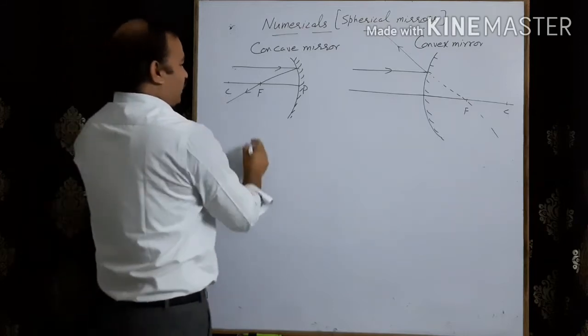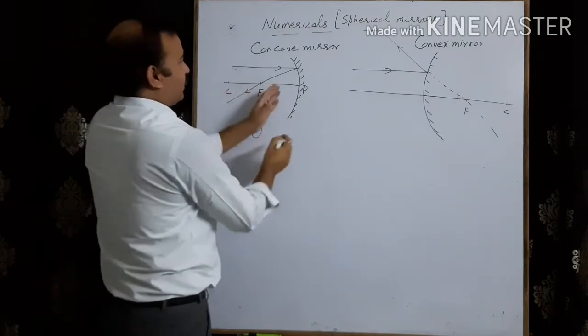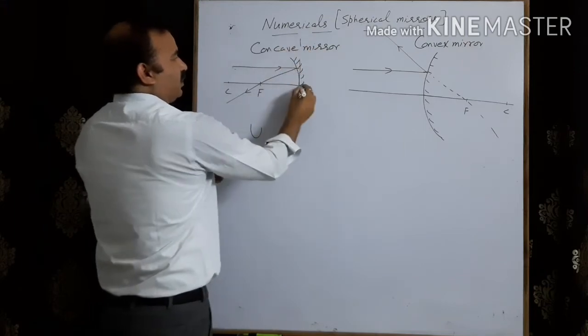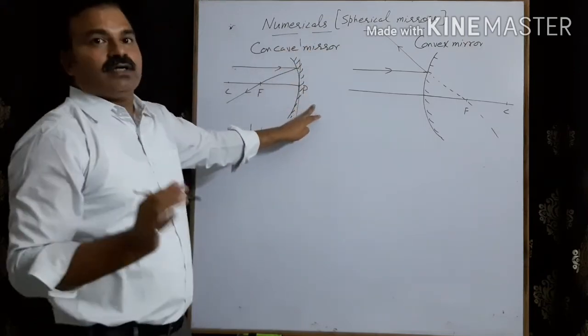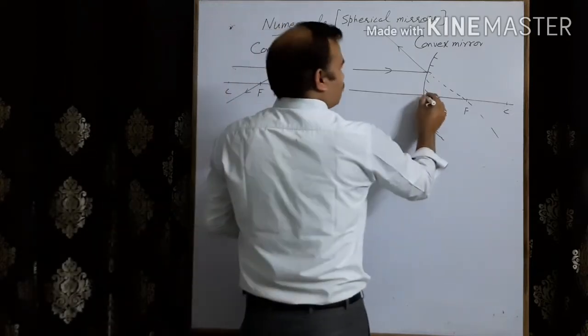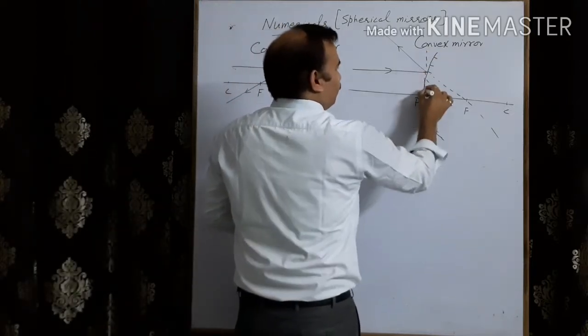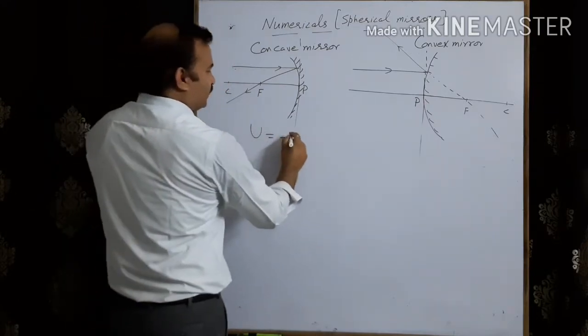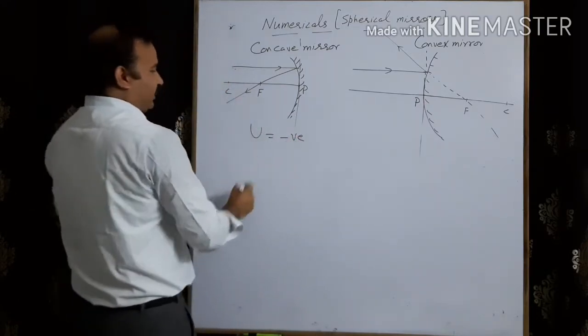Now for the concave mirror, U is a distance to be measured from the pole, considering that the pole P is the point of origin. Here also this is the point P, that is the pole. So here U is negative, on the left side.